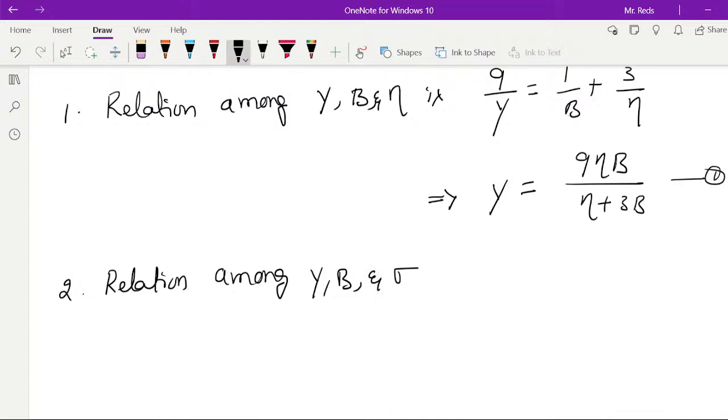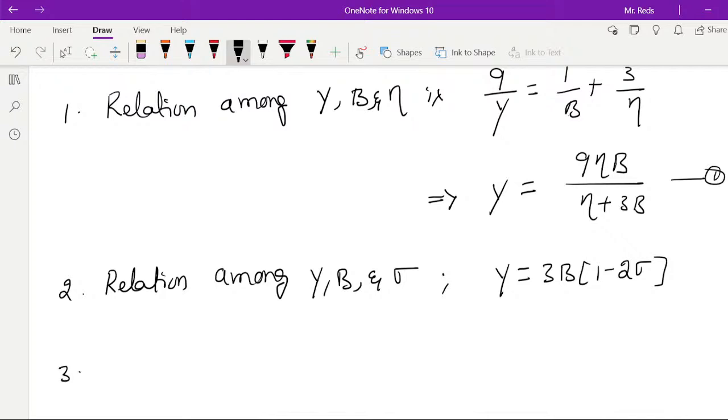It is given by Y equals 3 times bulk modulus into 1 minus 2 sigma. So that is between Y, B, and sigma.